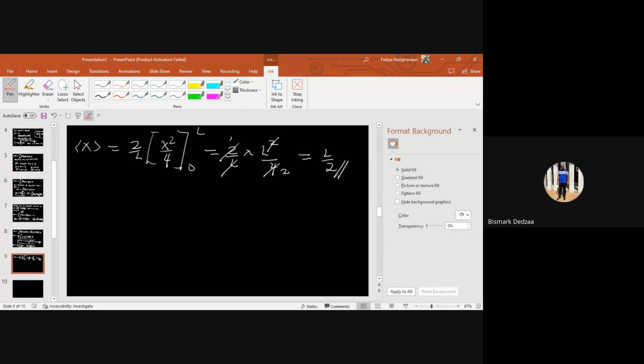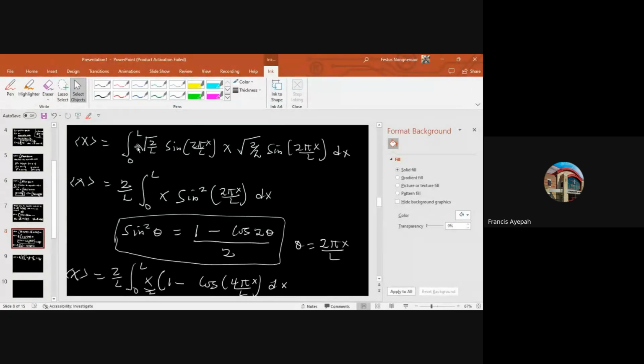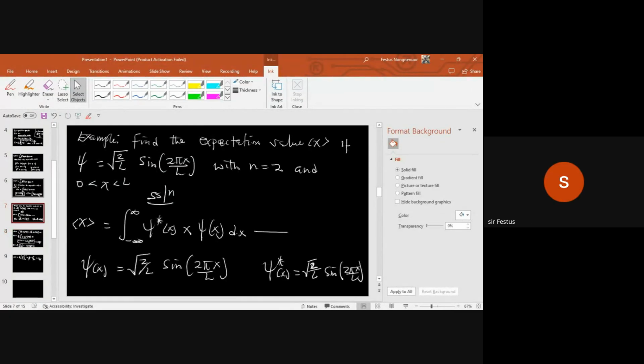Yes, sir. Sir, wait there. Can you go over this one? Which part should I start? The integration up there, before we arrived here, where we had x equals L. Go back. Is it here or do I go forward? Slide 7.